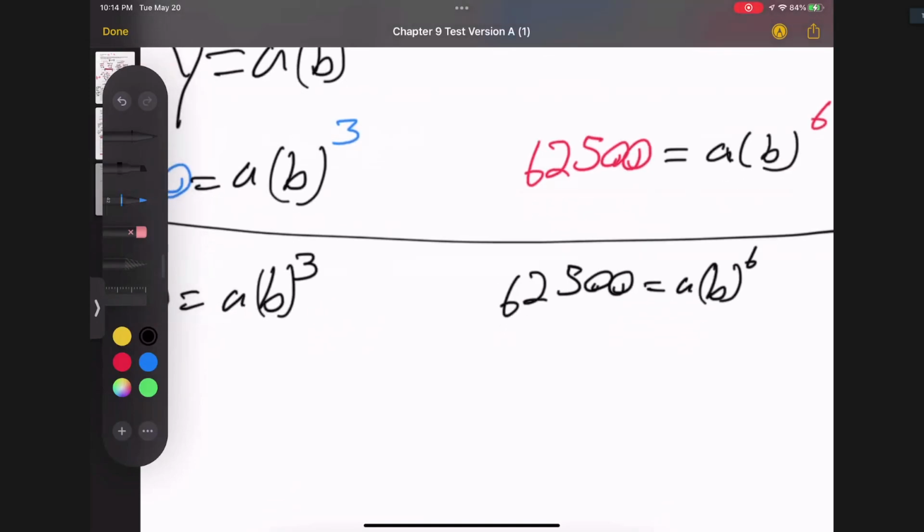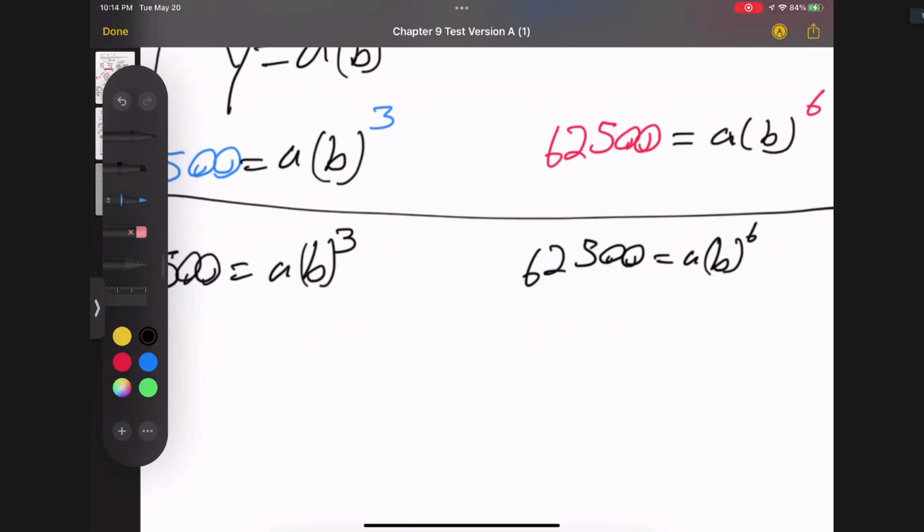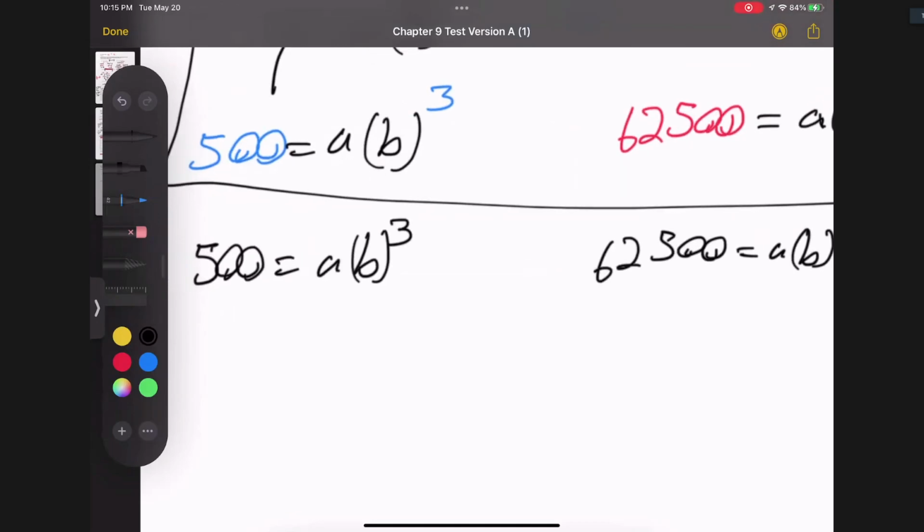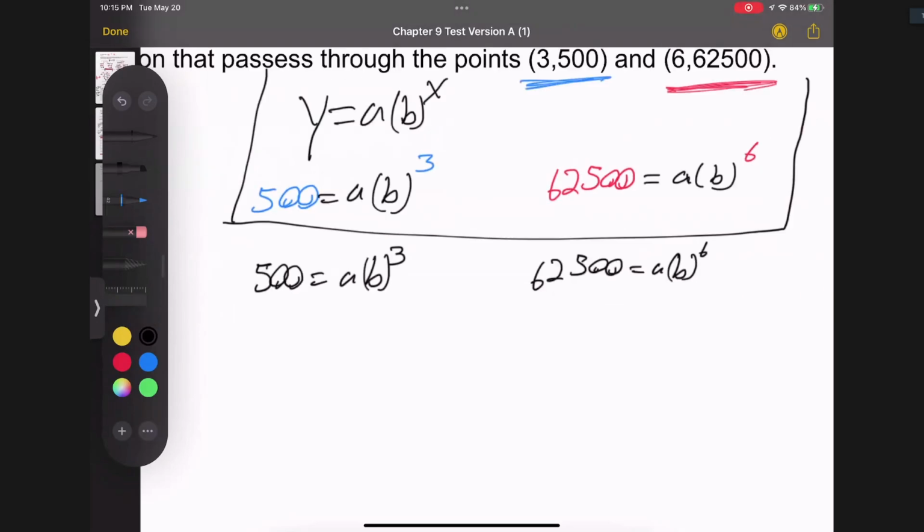Now, you need to choose which one you want to get a by itself. I always tend to use the lower exponent for b to get a by itself. You can do whatever you want, but I found that if you do it this way, you don't deal with negative exponents, which you do not want. You want to get rid of negative exponents as much as possible.